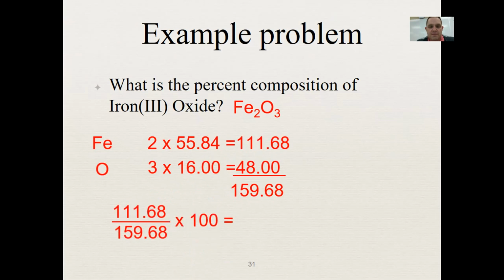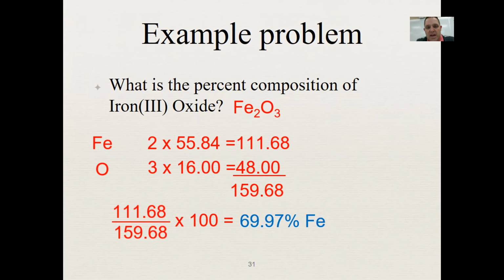And what do we get? You can do the calculations real quick. You get 69.97% of this compound is iron. Now, we still need to find oxygen, and you could do it the same way if you wanted to.